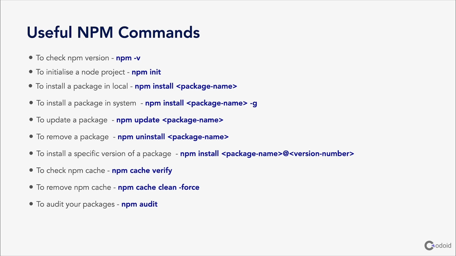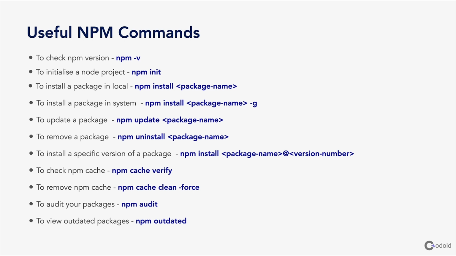To check the vulnerability of your package, use npm audit and check the vulnerability audit score from npm. And also, to check the outdated packages you have on your machine, you can use npm outdated. So these are the useful commands which we would like to show you today.